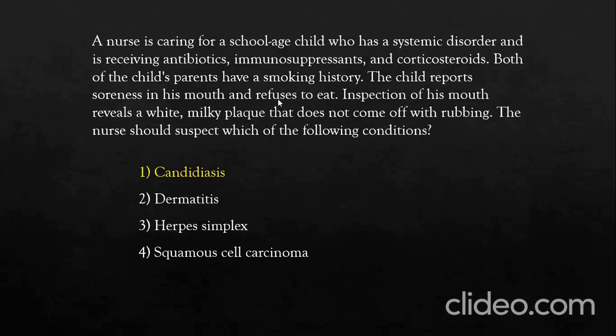Candidiasis and fungal infections are usually opportunistic. This patient's been on antibiotics, immunosuppressants and corticosteroids, which also suppress the immune system. That gives the fungus the opportunity to come in there and wreak havoc. So that's an opportunistic infection, candidiasis.